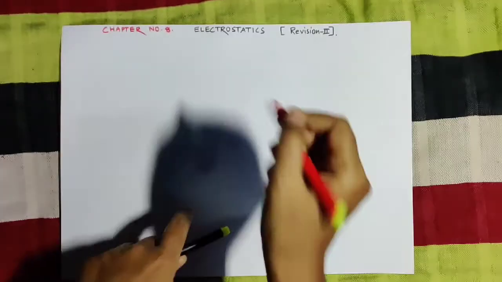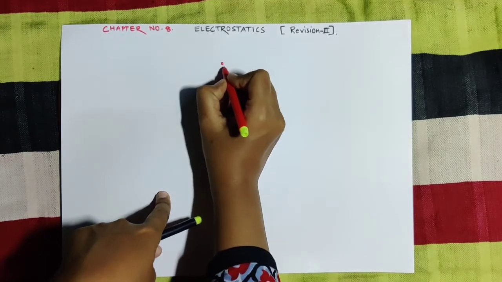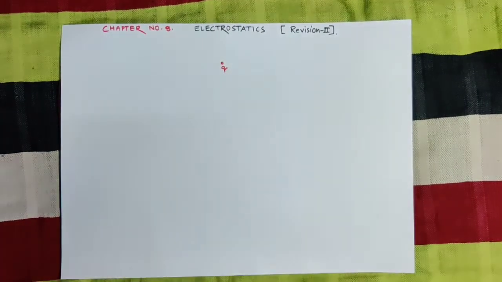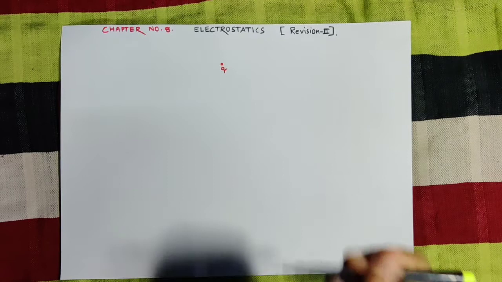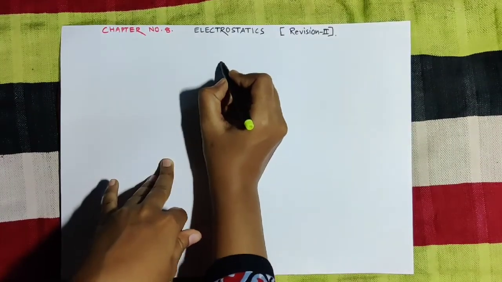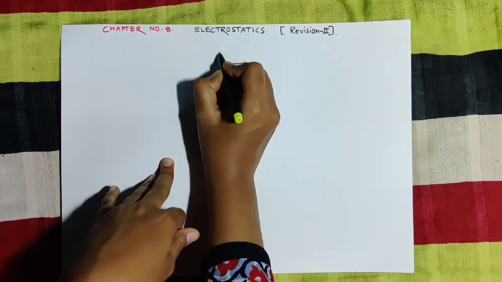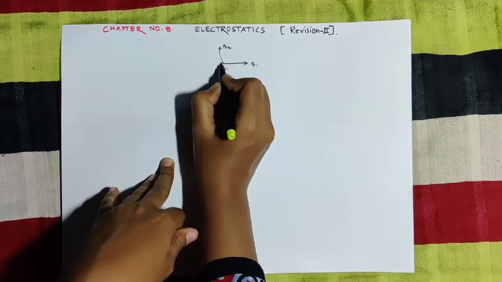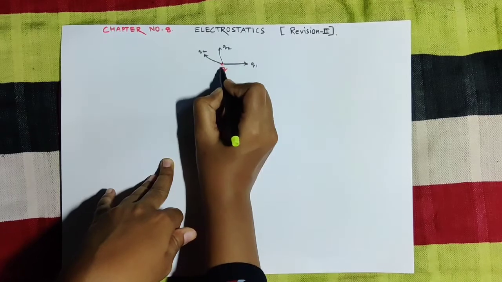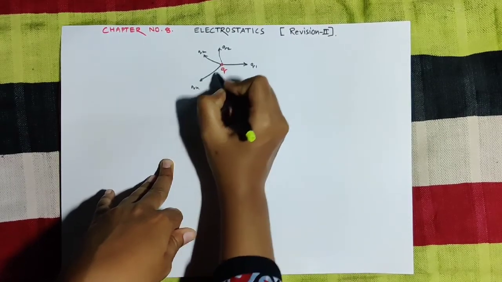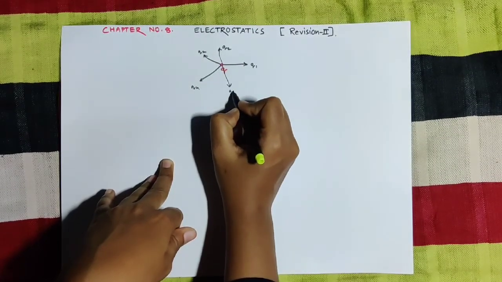That means how to explain the term principle of superposition. Suppose you consider this is charge Q, and at the point charge Q there are a number of charges interacting. Suppose here you represent charge Q1, here charge Q2, here charge Q3, this one charge Q4, and this is your charge Q5.